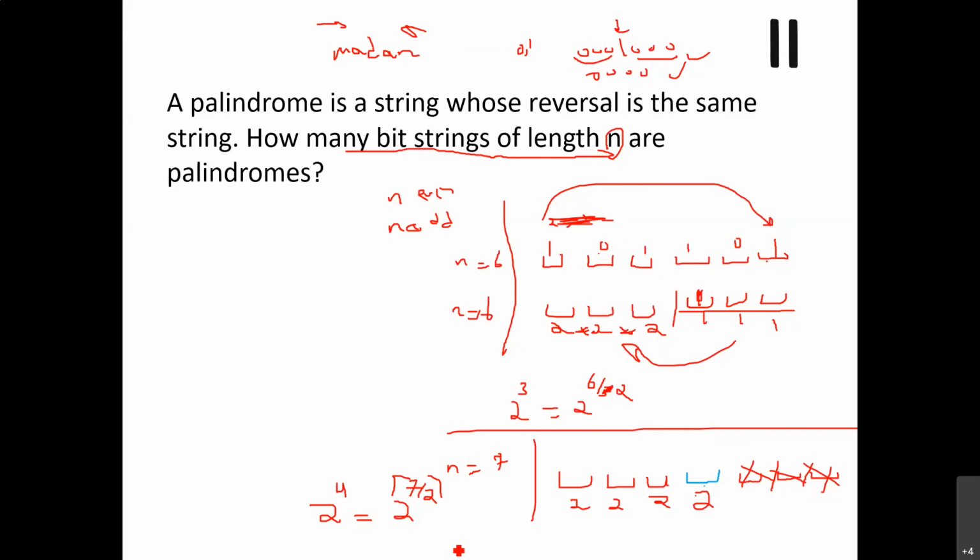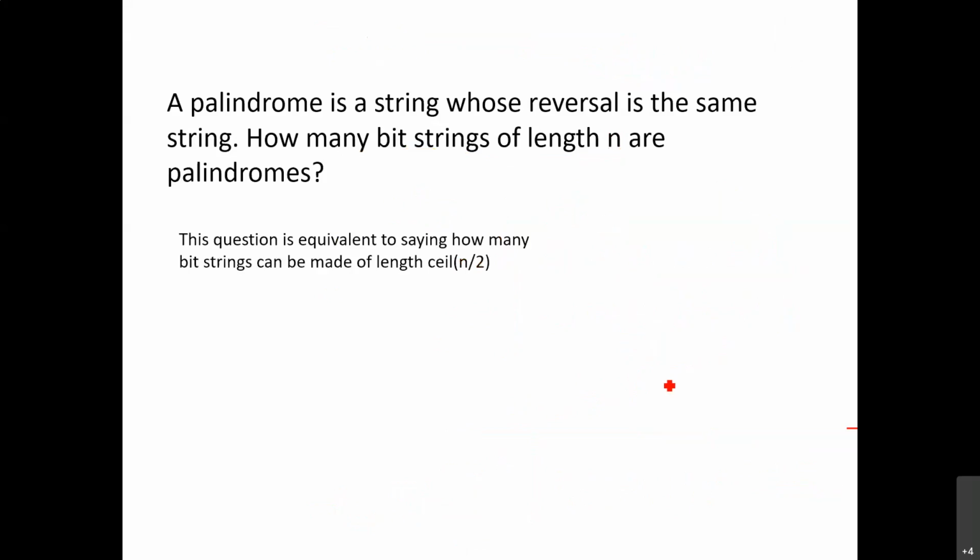Usually in programming, if you don't use the ceiling, you're going to get the floor on its own if you're working with integers and not floats. But we could also use the ceiling here and it won't make a difference, right? Because we know that even is going to be divisible by 2, so it doesn't matter if you put a ceiling or not. Which is why this question is equivalent to saying this.